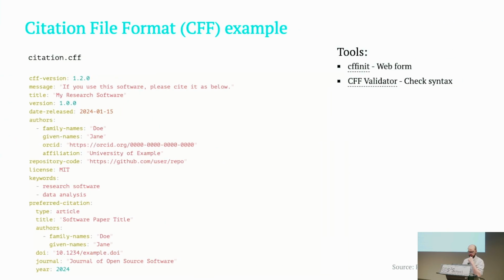For citation.cff, it looks like that. So you will find, again, the same kind of information, but with this specific field for citation, preferred citation, and you can here also mention some paper related to the software. Again, we have a web form to produce this file, and a validator to make sure that the syntax is correct.